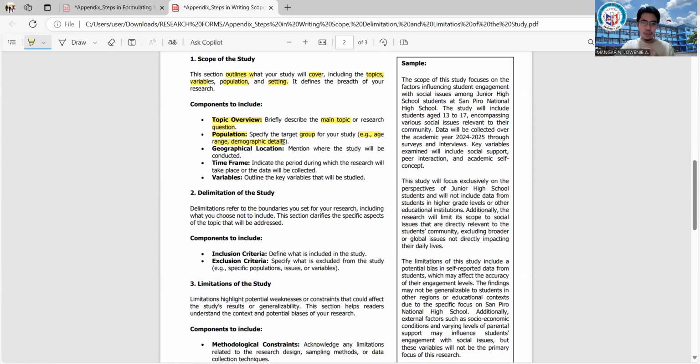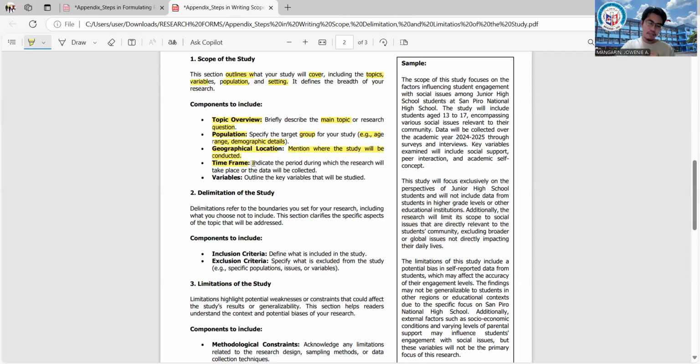Then after that, we should also mention kung saan natin i-conduct at saan natin kinonduct yung study. No? Ito ba ay sa ganitong lugar, sa ganitong municipality, sa ganitong province, ito ba ay public, ito ba ay private, or whatsoever. Then after that, our readers should be aware as well yung time frame ng pag-aaral natin.